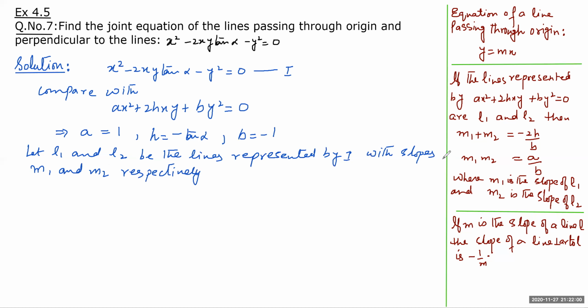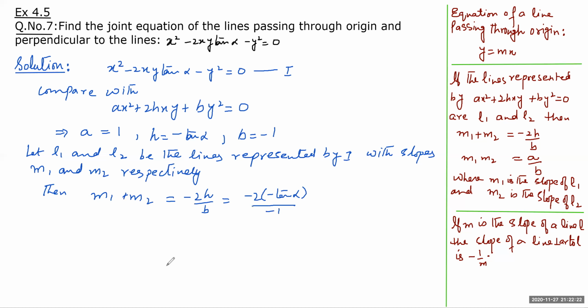Then by using this result, we must have m1 plus m2 is equal to minus 2h by b. Put the value of h, which is minus tan alpha, and the value of b, which is minus 1.